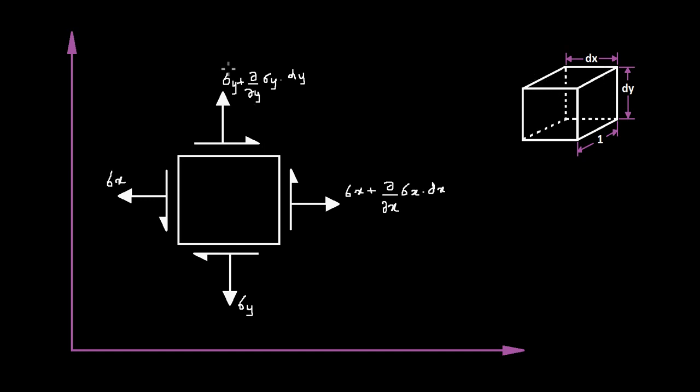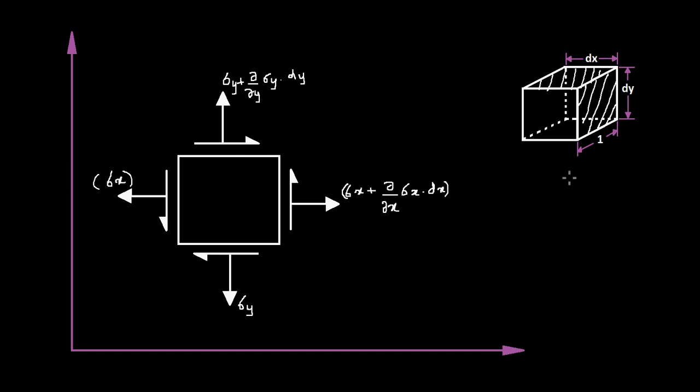The area corresponding to this stress will be this area, which is dx times 1. And the area corresponding to this stress will be similar to this area, and as you can see, that area is dy times 1.